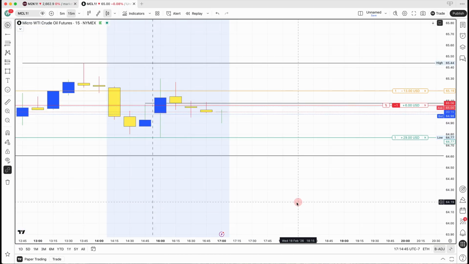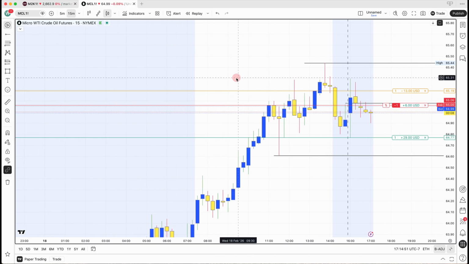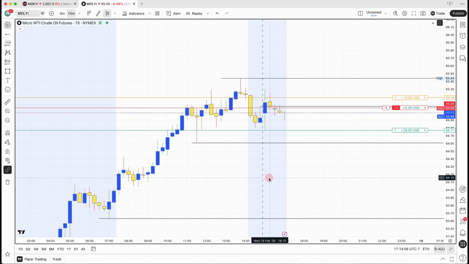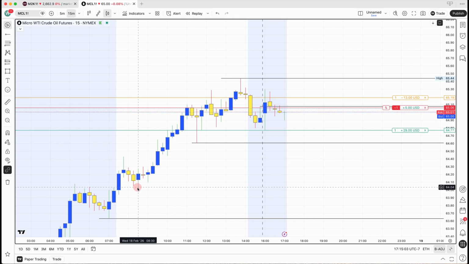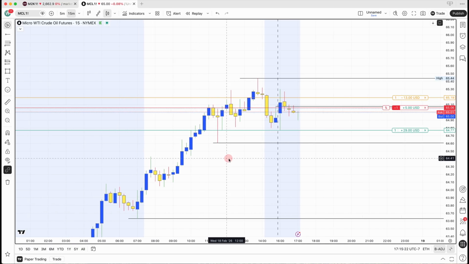Okay, so I have marked out the highs and lows of the previous session with these little lines. Once prices moved past a high or a low, you don't need to mark them out. So in this situation, I have marked out the previous day's high. I have marked out a significant support point of the previous session.